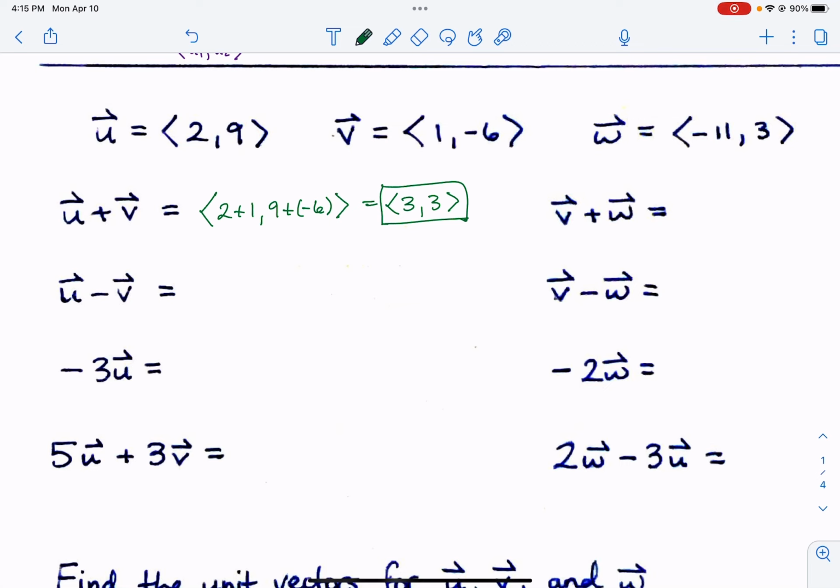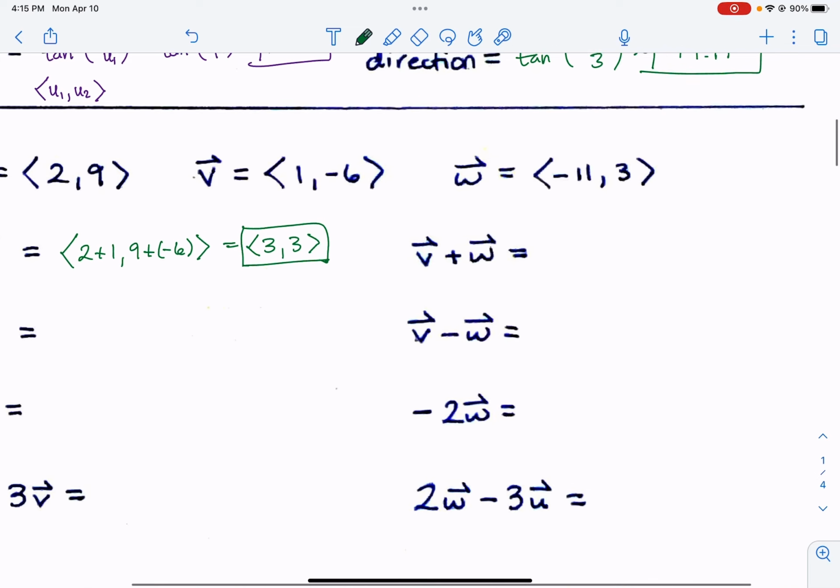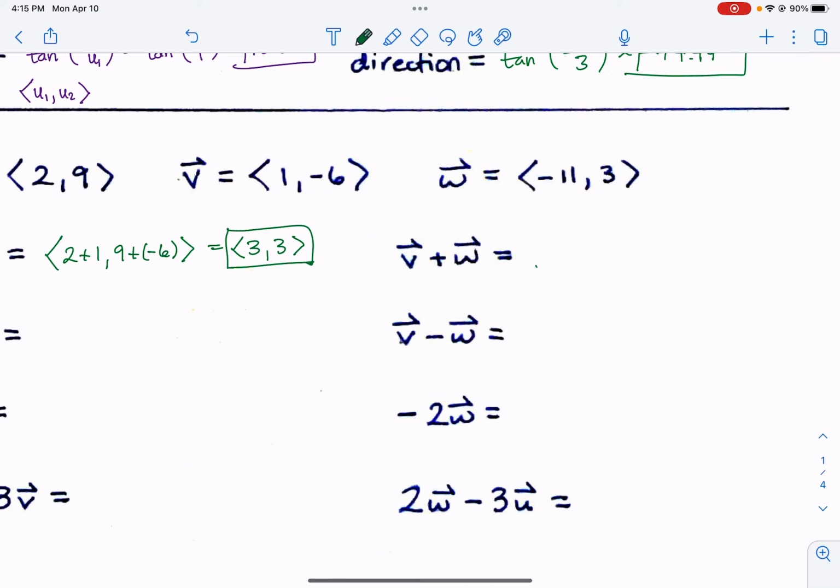Nice. Let's do v plus w. That's going to be 1 plus negative 11, and then negative 6 plus 3. So that's going to be negative 10, comma, negative 3. Awesome.